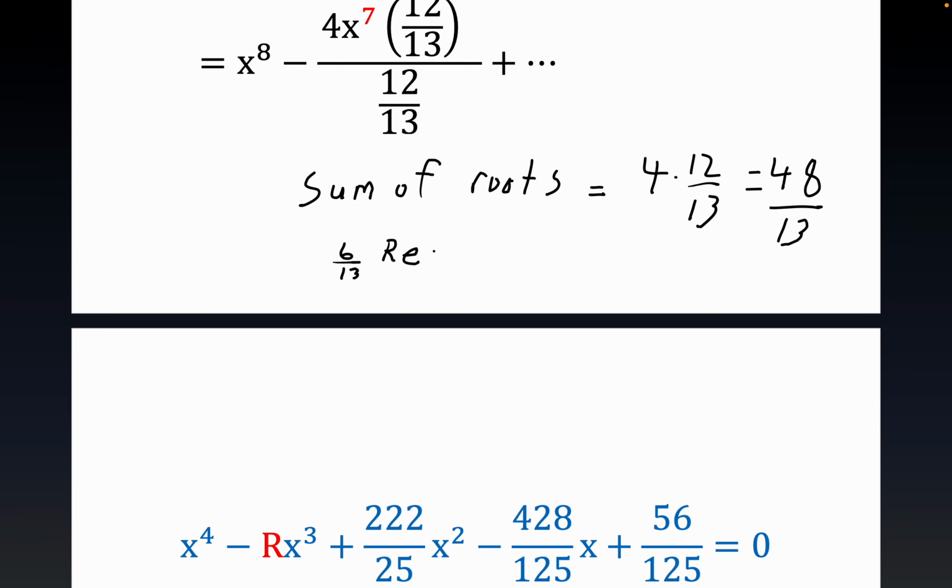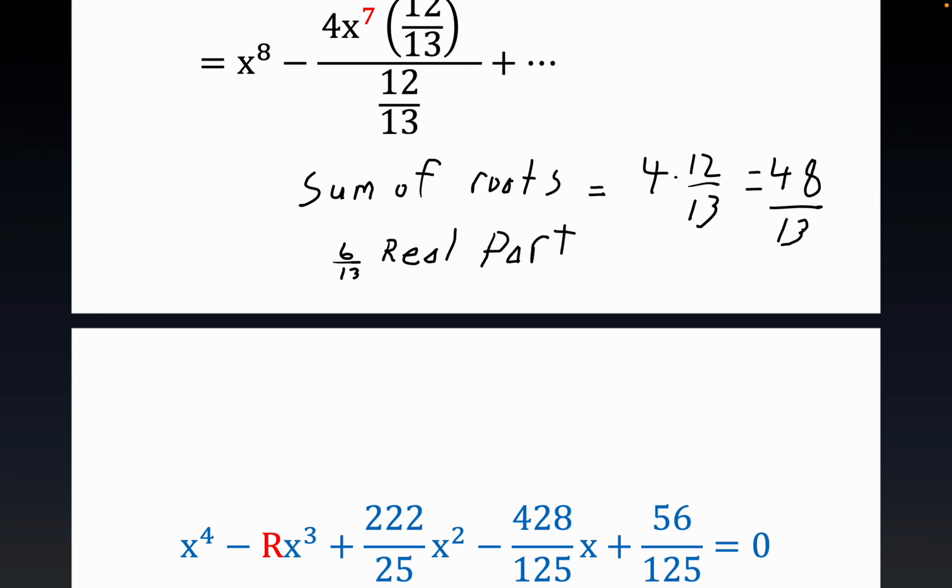I hope that makes sense. The real part. And again, we're positing that there are 8 distinct complex roots. So we know the sum is 48 over 13, and we know there's 8 of them.